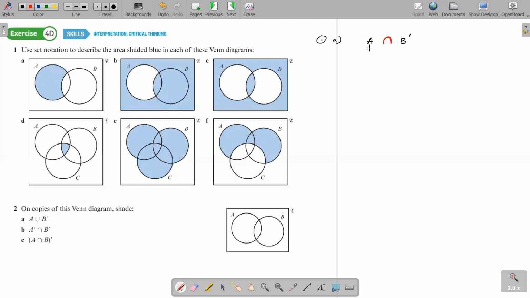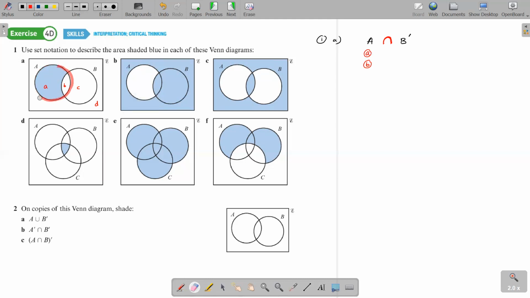So if you talk about the circle A, I think you can see circle A consists of two regions. Shall I name them A, B, C, D? Let me just name them A, B, C, D just for your convenience. So if I take circle A, guys, you can see circle A consists of the regions A and B. Can you all see? And B dash means take everything except B, right?